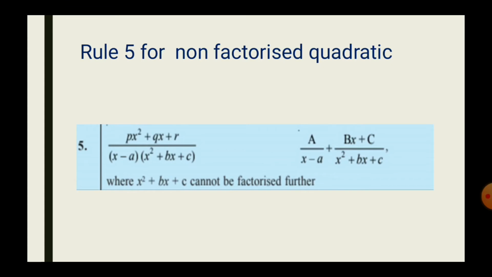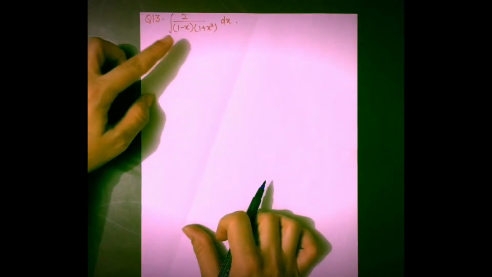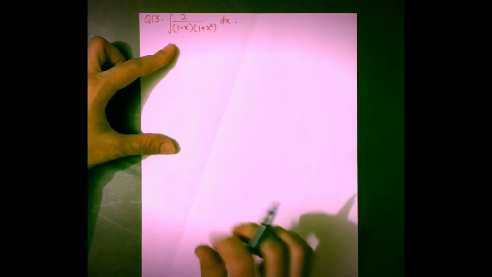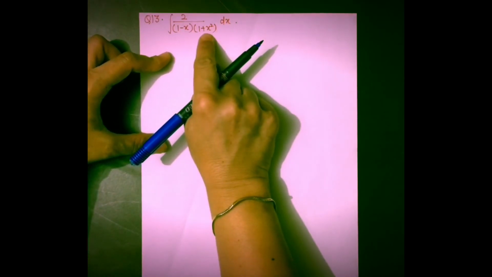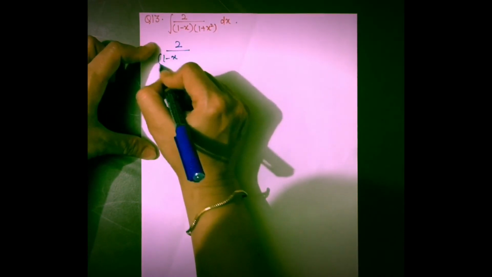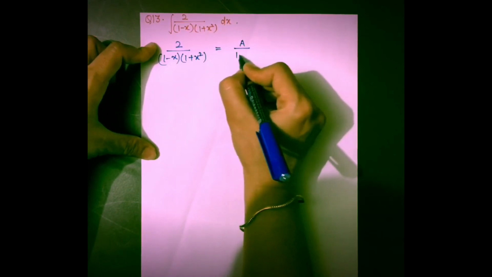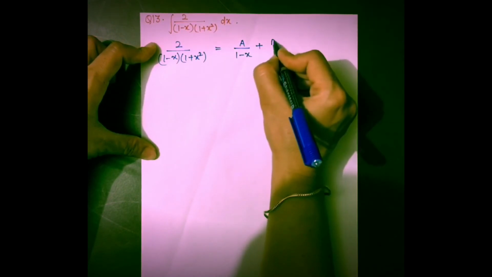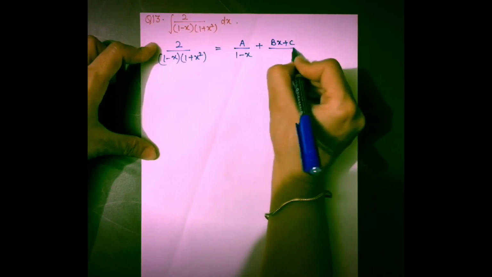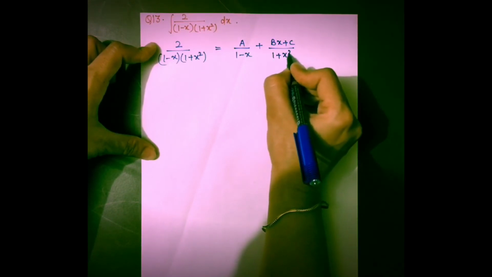Let's solve a question relating to this rule. Let us take question number 13, in which one factor is a quadratic factor which cannot be factorized further. We can write 2 upon 1 minus x into 1 plus x square as per rule a upon 1 minus x plus bx plus c upon 1 plus x square.